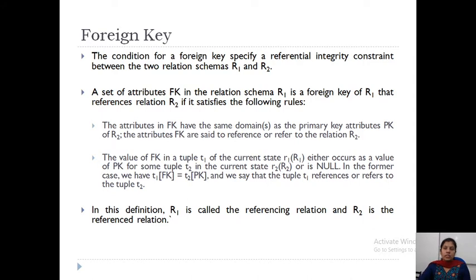Now, what are the conditions? The attributes in FK have the same domains as the primary key attributes of R2. The attributes FK are said to reference or refer to the relation R2.